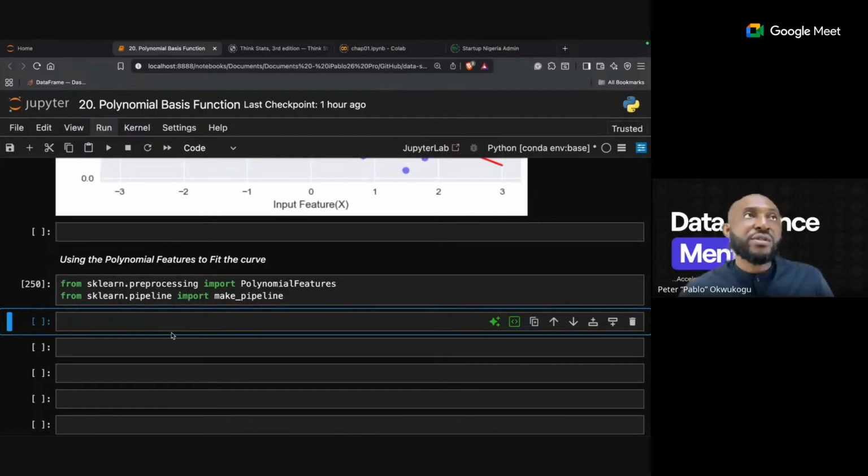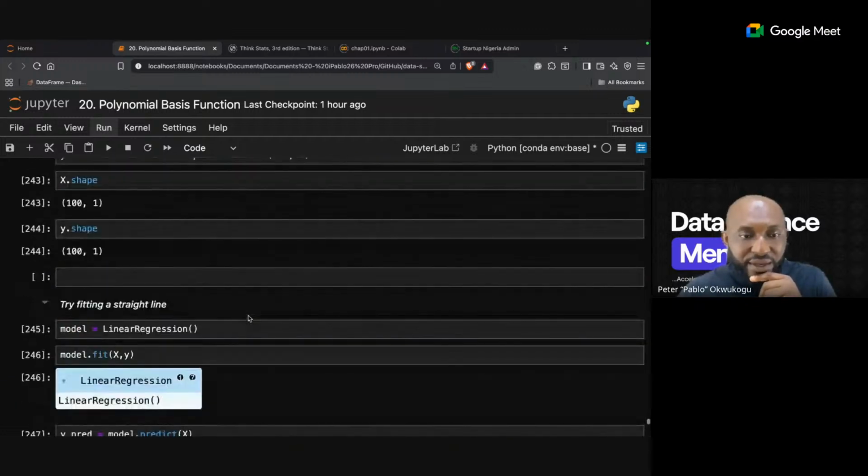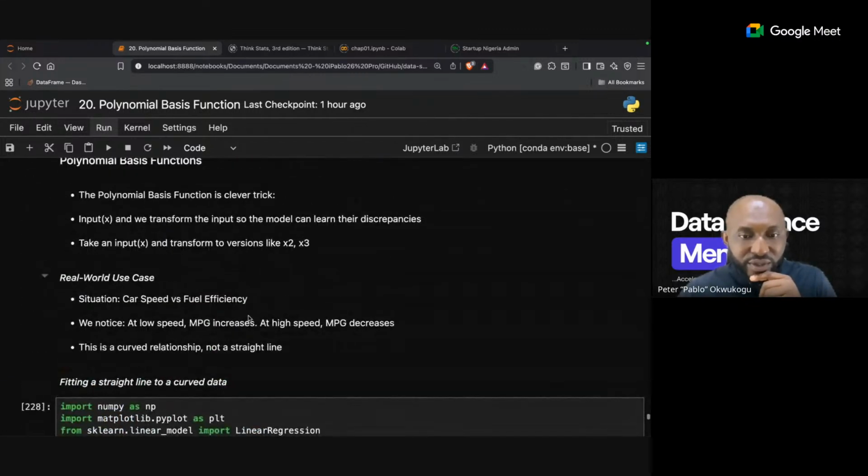Now, what we're going to do here is use a 2-degree polynomial feature. Remember, when we came back here at the beginning, we're just trying to transform this input, looking for versions of x2, or x3, depending on what we think.